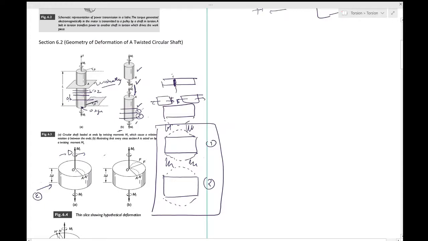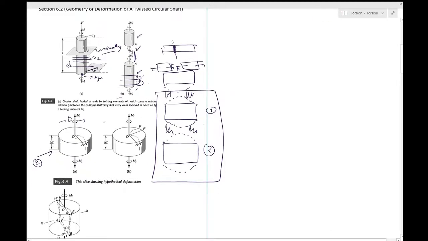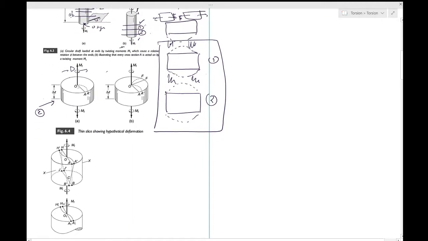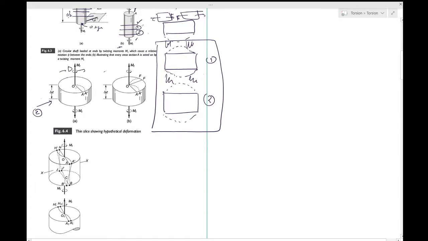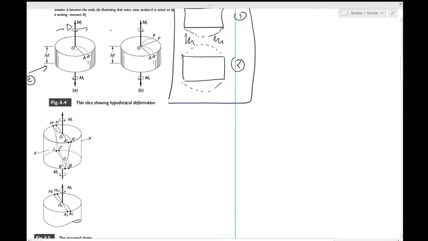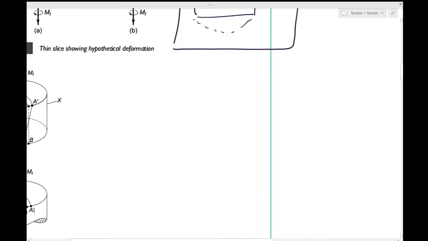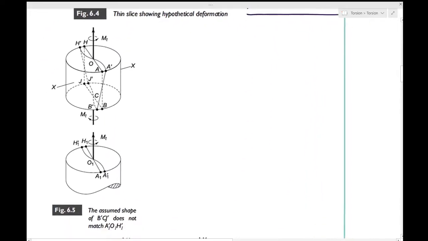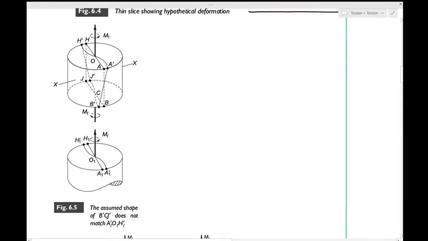Okay, let's now consider a slice shown in the upper part of figure 6.5, this one. Let me just make this big because it seems there is no maths over here, just a lot of talking and thinking.